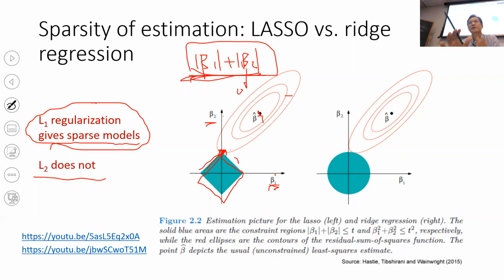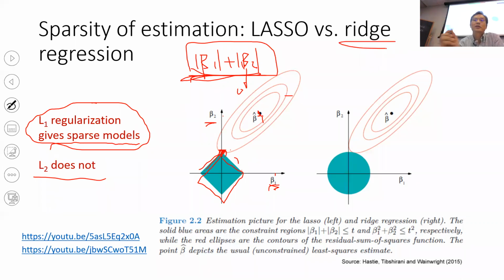This just tells you why the L1 norm and lasso give you a sparse solution, because your touching point automatically cuts a lot of parameters to 0.